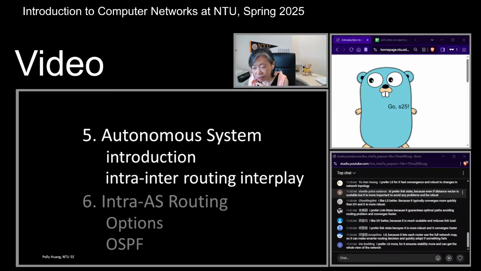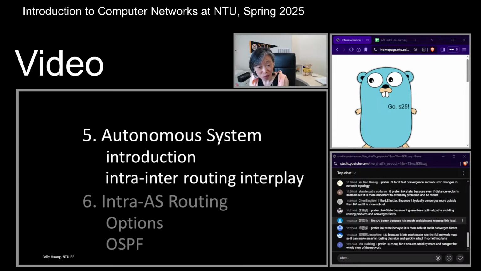So Stanley here is saying that, hey, I would prefer reliability over cost, right? Bing Wei also likes link state.